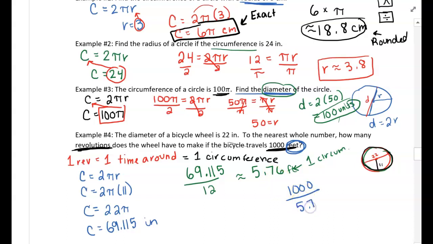So we're going to divide. 1,000 divided by 5.76 gives me about 173.6. But it says to the nearest whole number. 0.6 tells me to round up, so about 174 revolutions. You can just write revs if you want. That's how many times around this wheel has to travel for us to travel 1,000 feet.